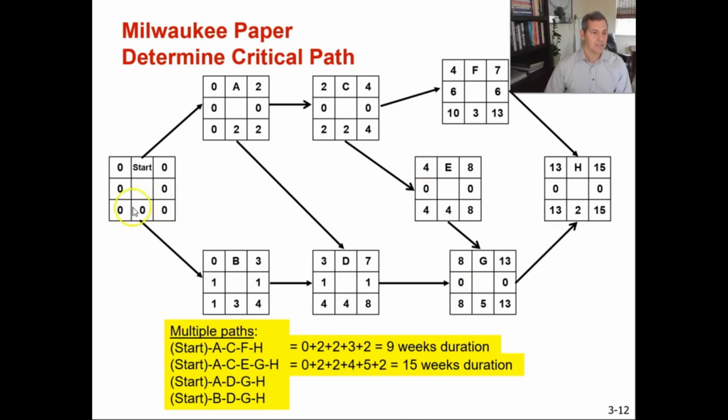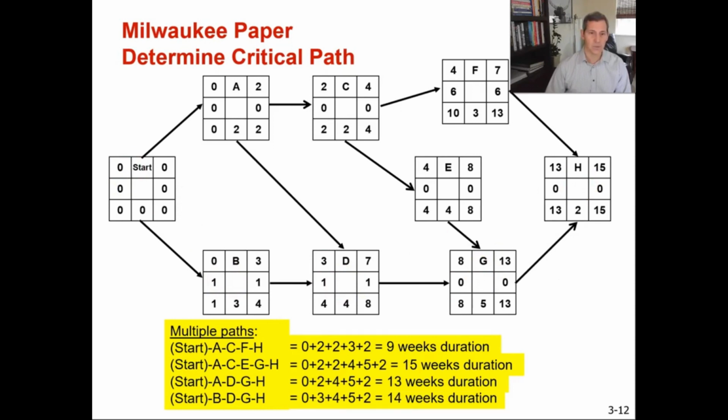Next is A, D, G, H. If you add up those durations, that gives you 13 weeks. And then our last path to get us to our completion, which is H, is start, B, D, G, and then H. You add up those project durations, gives us 14 weeks.